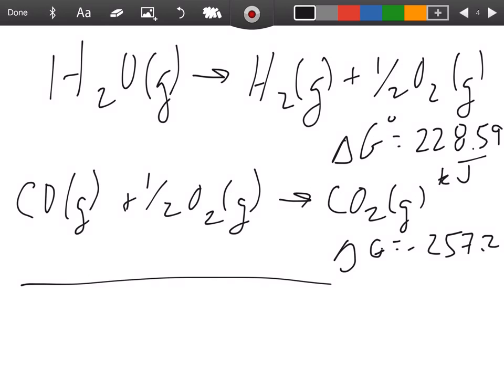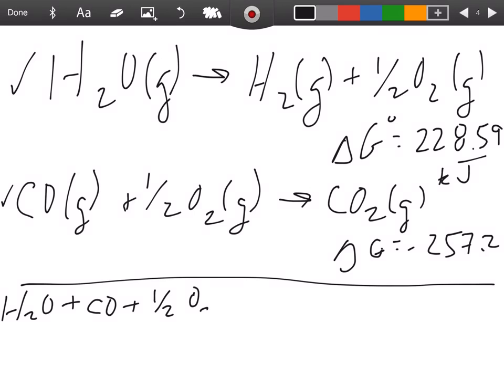So now if I use Hess's law, I can add reaction 1 to reaction 2. So my reactants are H2O, I'm going to leave off the state symbols here, plus carbon monoxide plus half of an O2, and that's going to give us H2 plus half of an O2 plus CO2.